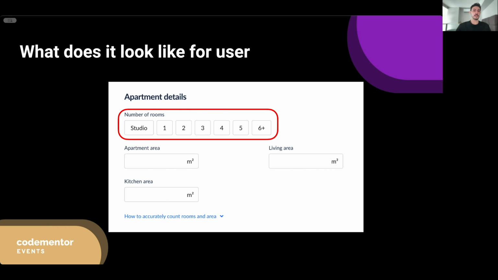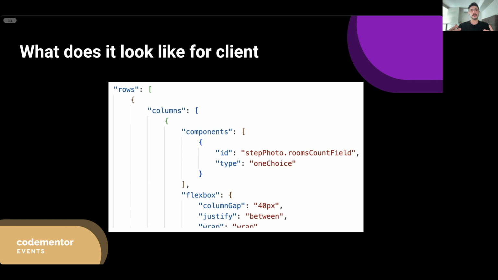But under the hood, we need to split our UI into some number of parts or components which the frontend will recognize in the scheme that the backend will send. So this red field on the slide will look something like this when it comes to the client.